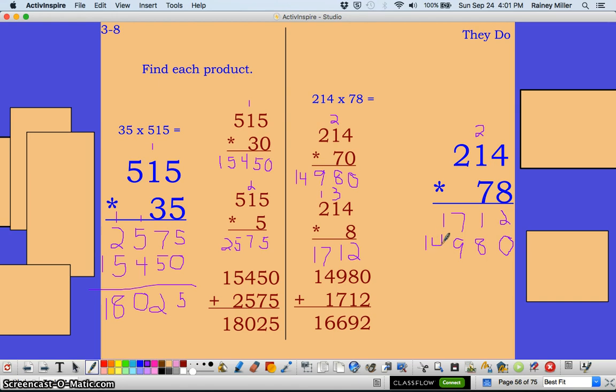So then what I'm going to do is add these together. So 2 plus 0 is 2. 8 plus 1 is 9. 7 plus 9 is going to be 16. 4 plus 1 is 5, plus another 1 is going to be 6. And there's nothing to add to my 1. And that's the answer to that one.